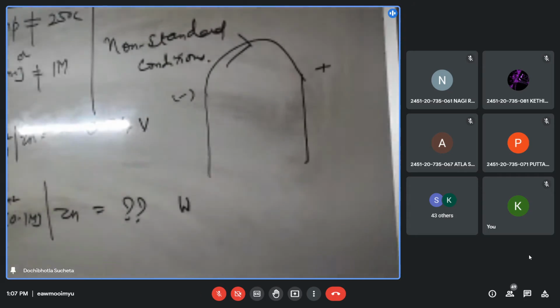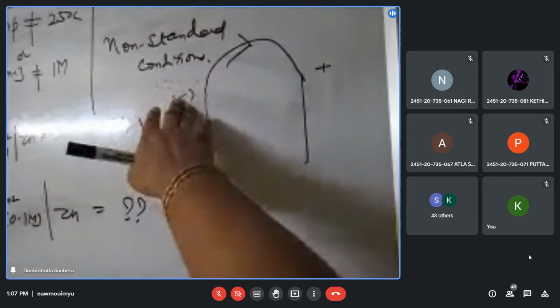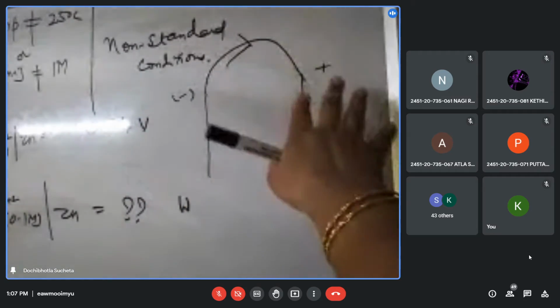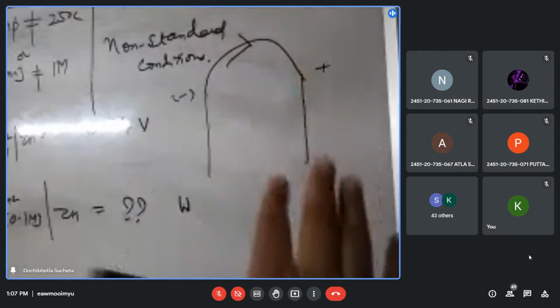So whenever the system's free energy is decreased, such reactions are always spontaneous reactions. So that's a correlation between the electrical energy and the thermodynamics of an electrochemical cell.